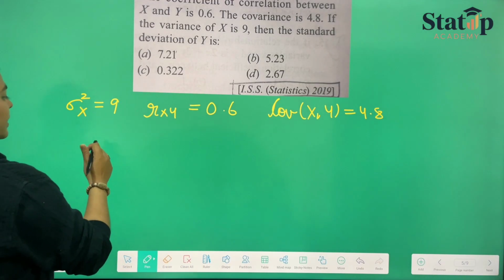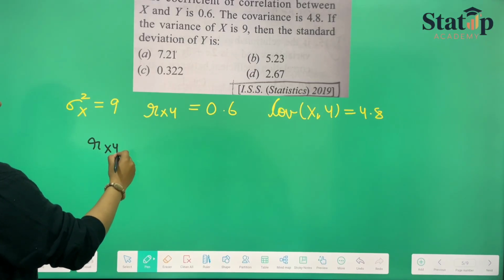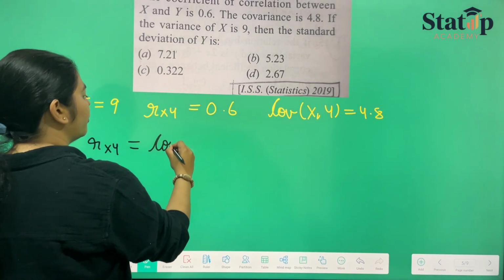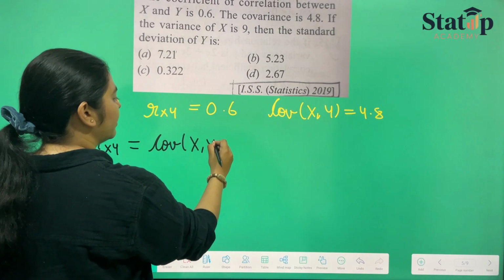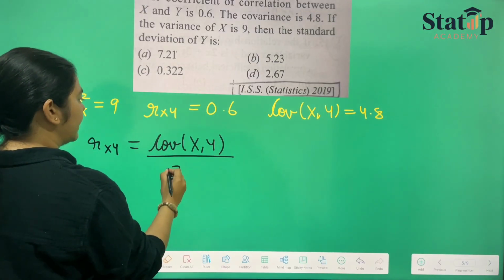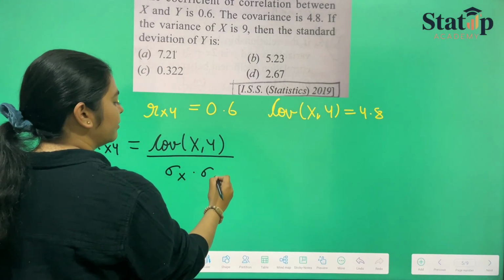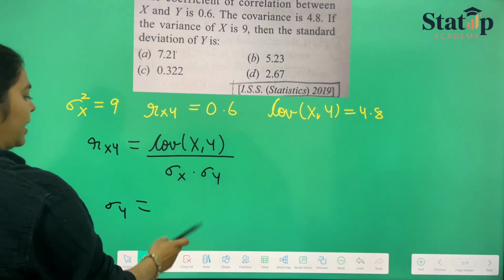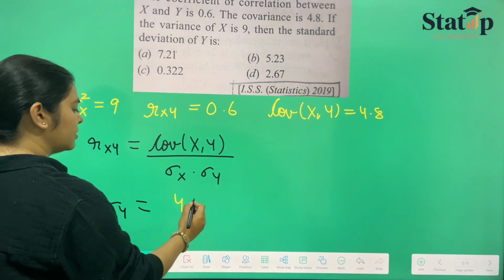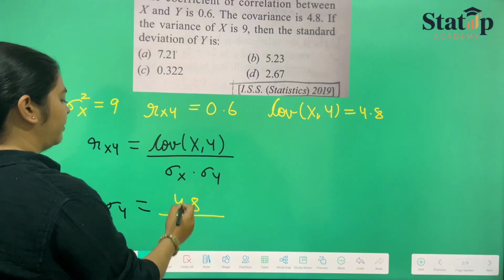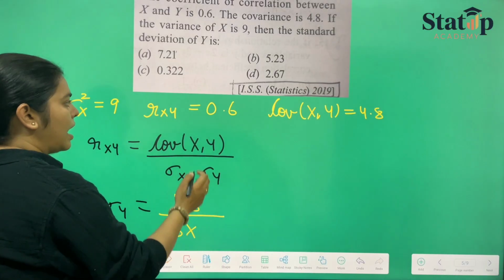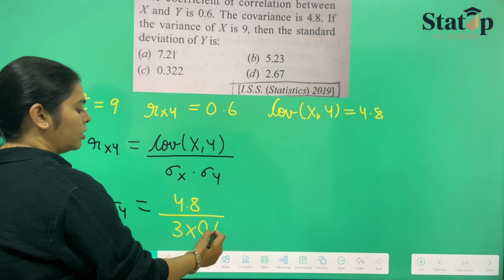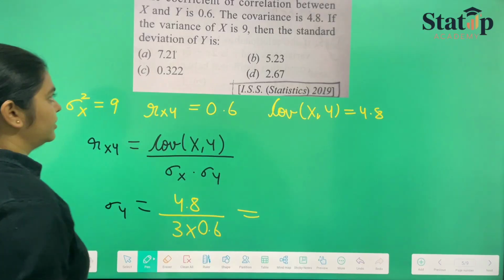So our formula is rxy is equal to covariance between x and y upon standard deviation of x into standard deviation of y. From this, to calculate standard deviation of y, it will be covariance upon standard deviation of x, which will become 3, and rxy.